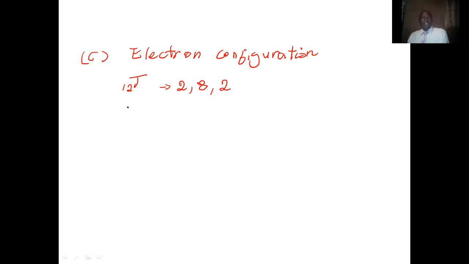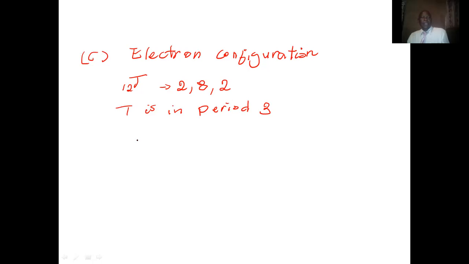Therefore, T is in period 3. So what it means is that the number of shells gives the period in which that element is.